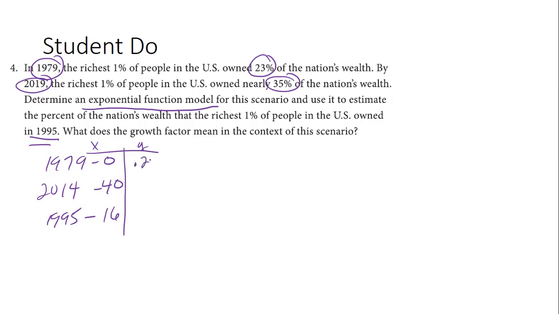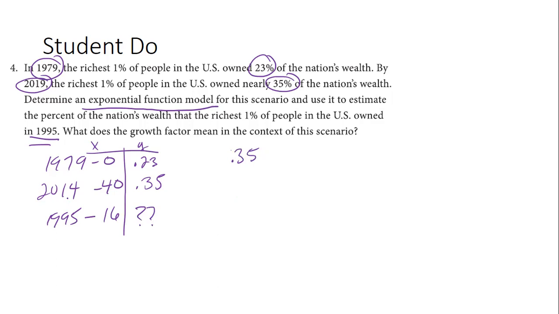So we had 0.23, we had 0.35. Based on what we see here, should we be expecting a growth or a decay? We should be expecting a growth, right? And we put a question mark for 1995 because that's what we're trying to find. So we are going to plug in what we know.